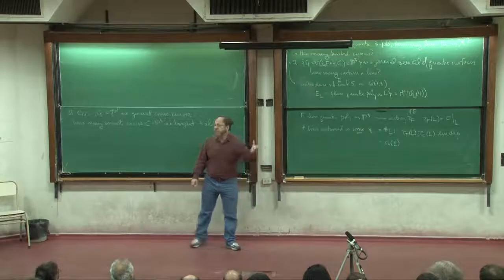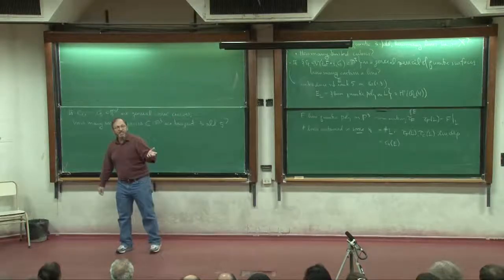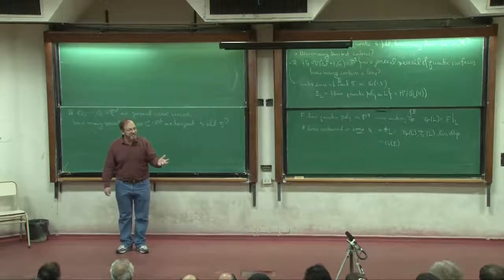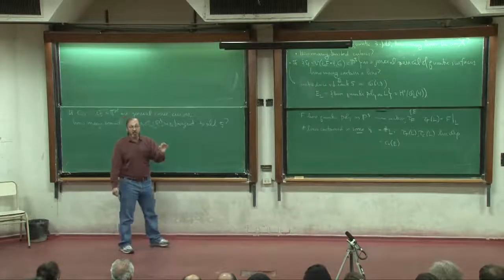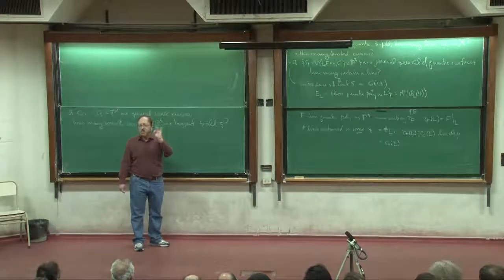If you do the dimension count, you see a general quartic surface contains no conics and no twisted cubics either. In fact, a very general quartic surface contains no curves at all, other than complete intersections with that surface.